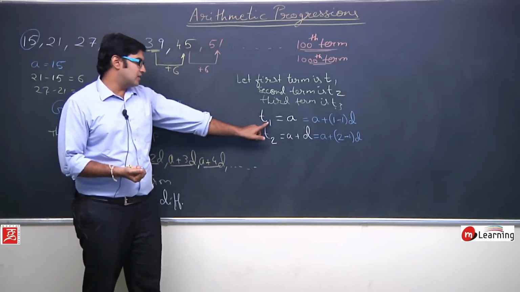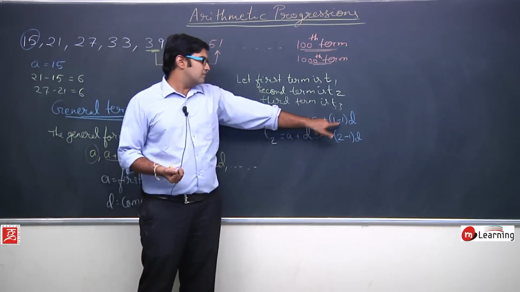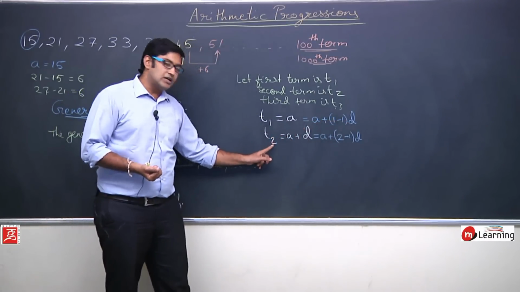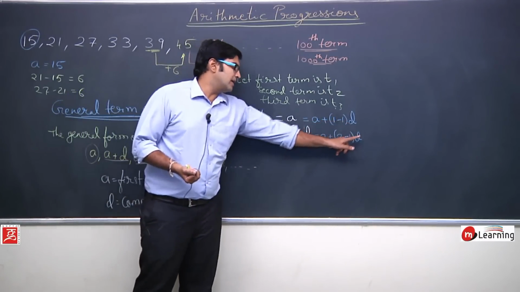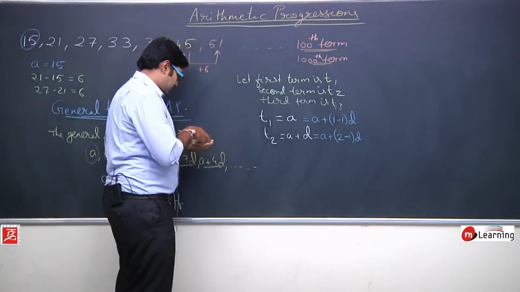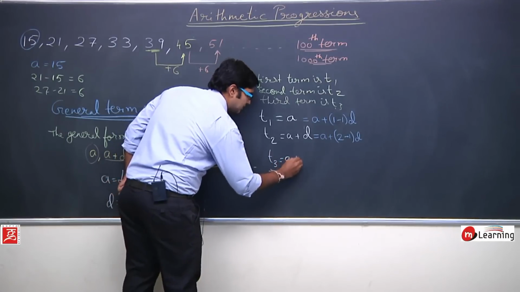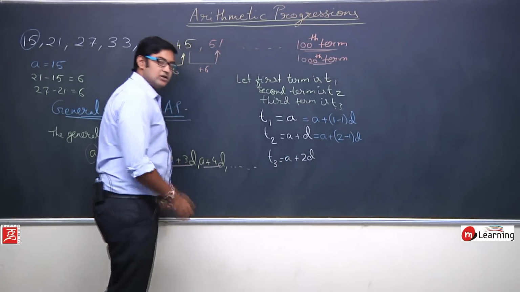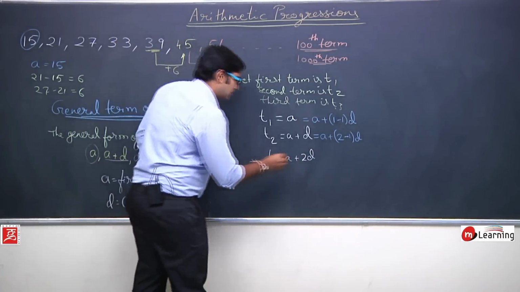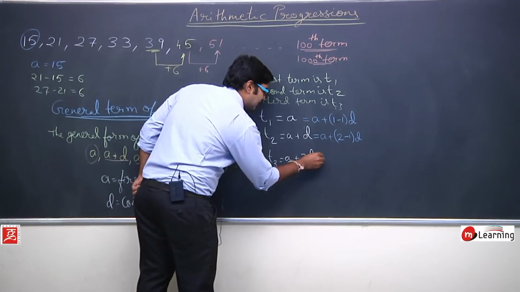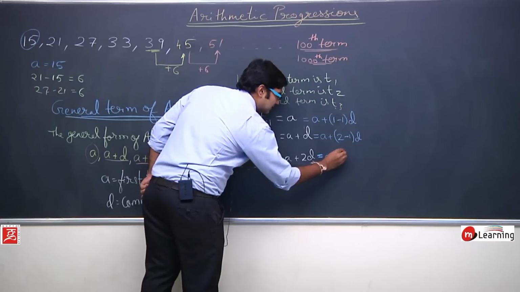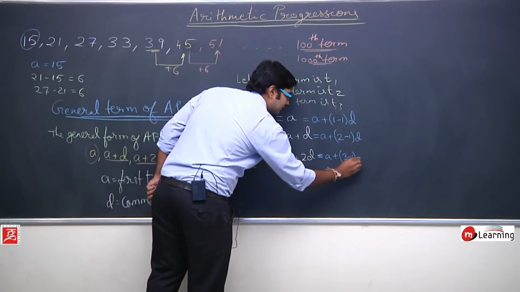I have written the first term as a plus (1 minus 1) d, the second term as a plus (2 minus 1) d. Third term T3 is a plus 2d, so I can write this as a plus (3 minus 1) d.